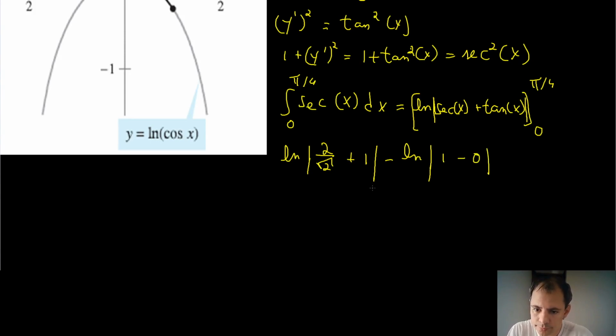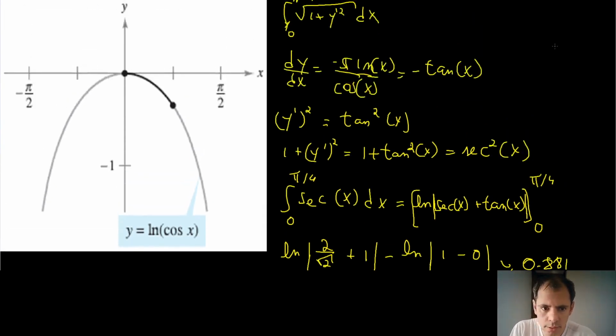So there you go. So when you do this in the calculator, this is going to be approximately 0.881. Okay, so 0.881 is going to be the length of this part right here.